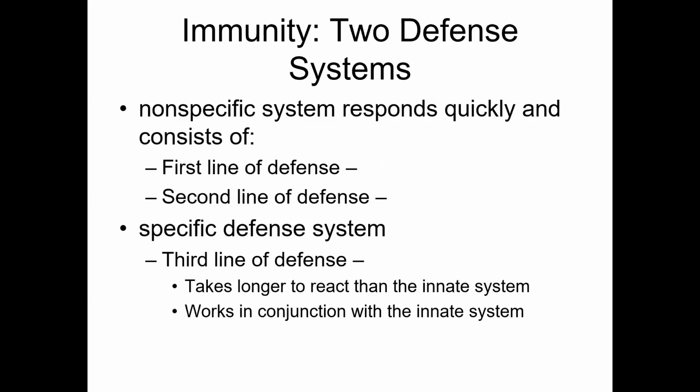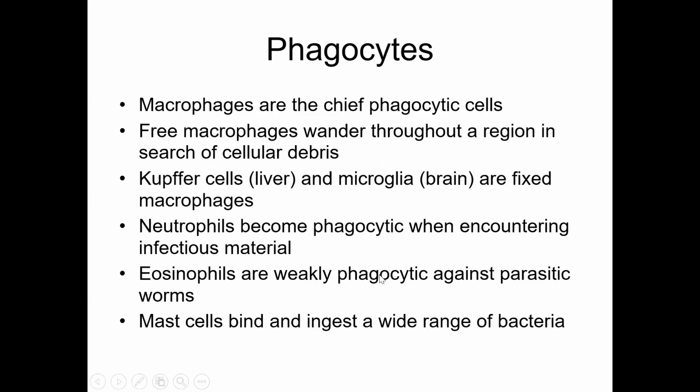Okay, so let me go over these second line of defense mechanisms. The first one is phagocytosis. We have phagocytes like macrophages and dendritic cells. Also, specific macrophages stay in specific locations in our bodies. They don't move a lot to other parts of the body.